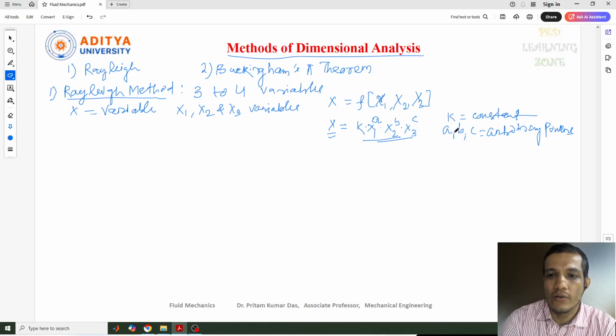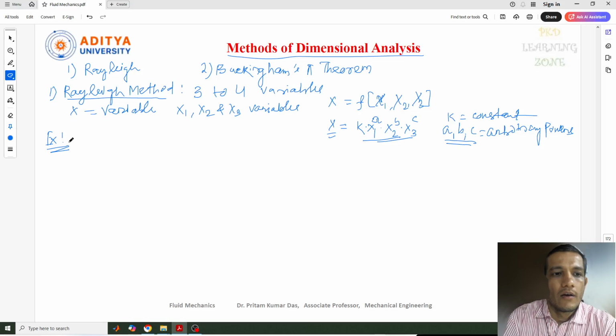To identify these values, we need to take some examples so that you can better understand. This is just the mathematical expression I expressed here. So now we'll take an example for better understanding. So let's consider, suppose, let me write one example.